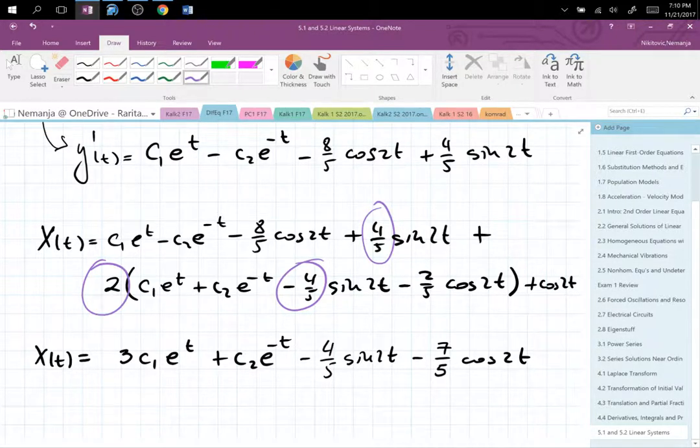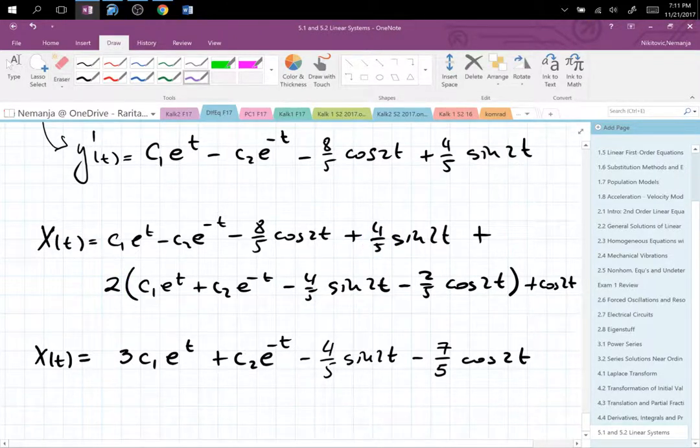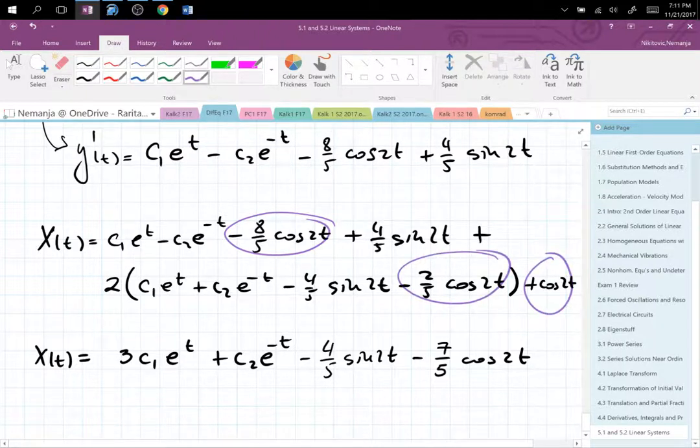That means 1 of the negative 4/5 survives, which is the one that I have here. So sines are easy. But the cosines are evil because I have a cosine here, here, and there. So minus 8/5 minus 4/5 is minus 12/5, and then I have 5/5 here, which gives us negative 7/5.